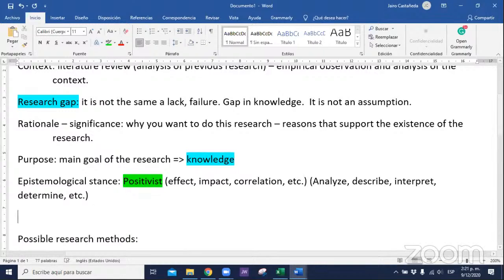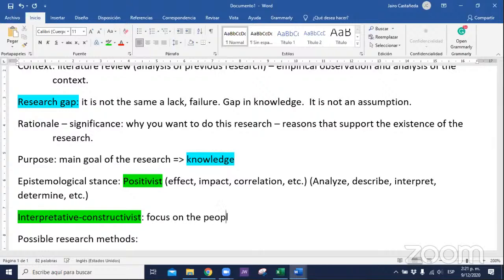If you have interpretative, constructivist positioning in regards to the epistemological stance, something that we have studied as well, you are going to see another kind of constructs because you are going to focus on the people, not on the fact.